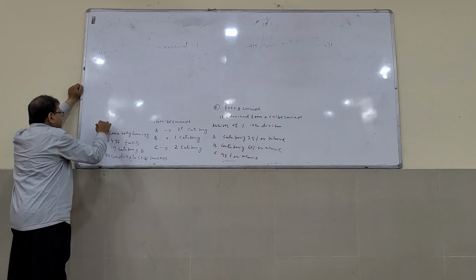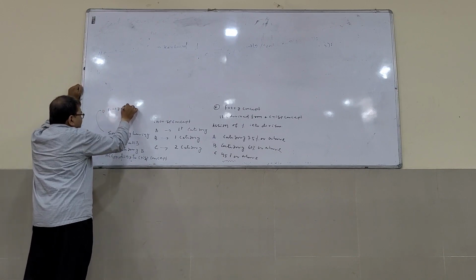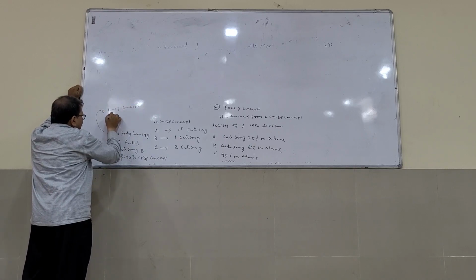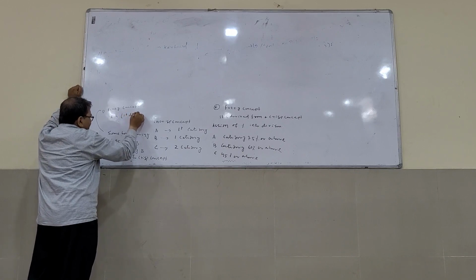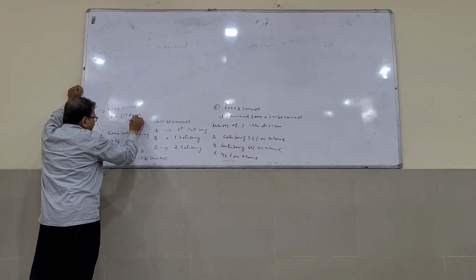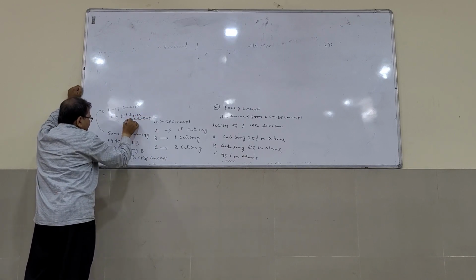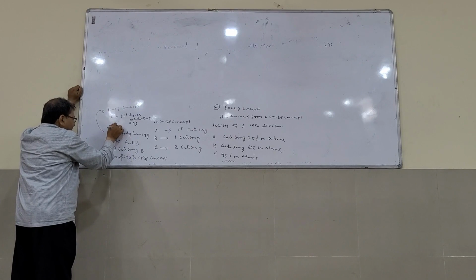But if you convert into fuzzy concept, A is falling under 1 plus with degree of membership 0.9. That is, A is 0.9.